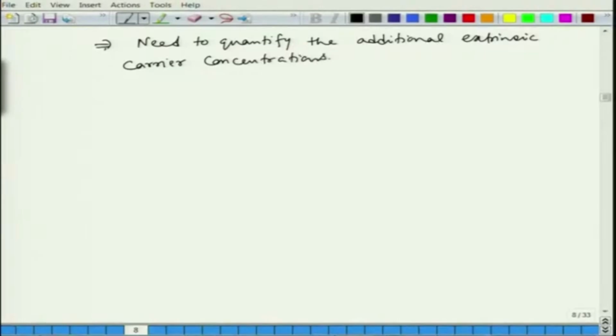Now, whenever you go for quantification, you will have to look at the electronic structure, their exact energy, and how that is getting changed when you introduce a dopant. So, all this quantum mechanical understanding of material at the smallest length scale is necessary, and of course, we cannot cover that in this course.